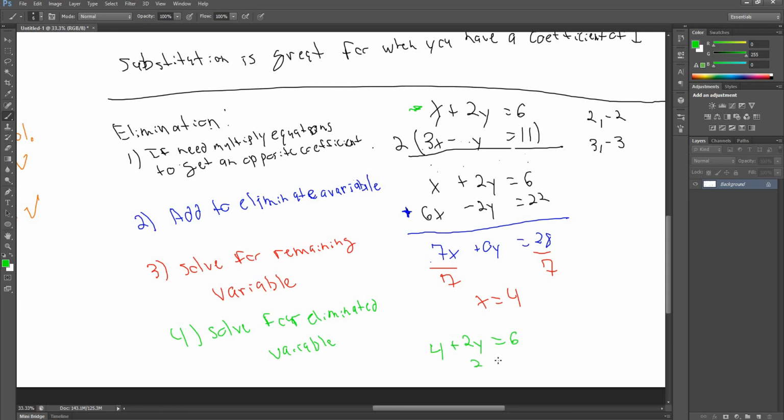Subtract 4 from both sides, get 2y is equal to 2, and y is equal to 1. Step 5 would be to check. We already checked these earlier, so we won't check again. But we do know that our solution is 4, 1.